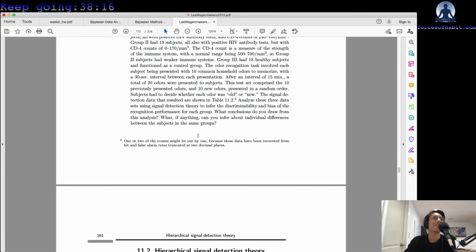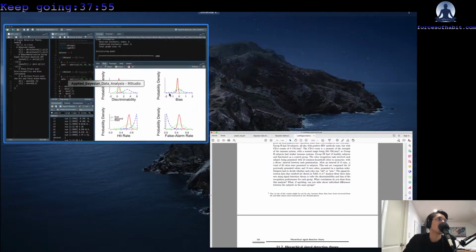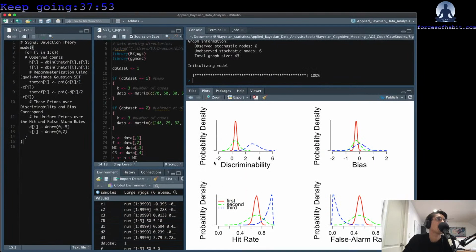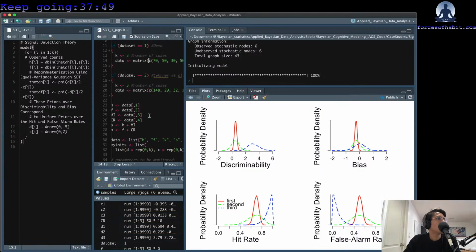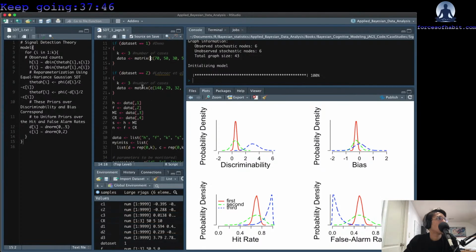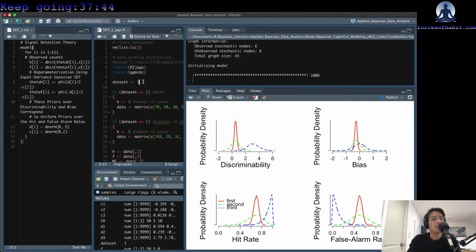Well, I already know that it's less likely I'm going to be able to infer individual differences, at least without even looking at the problem, because the current parameterization of the model assumes equal success rates across subjects for a given group. So it looks like I'm able to just say dataset 2 here.